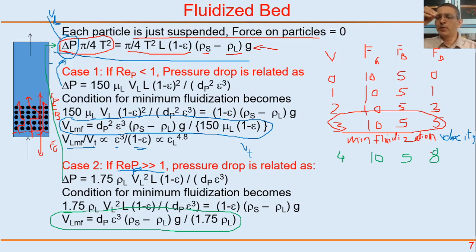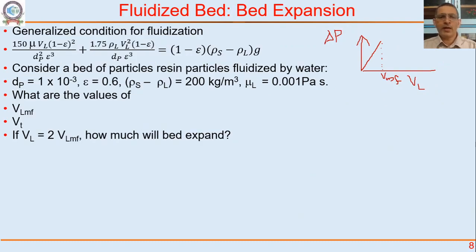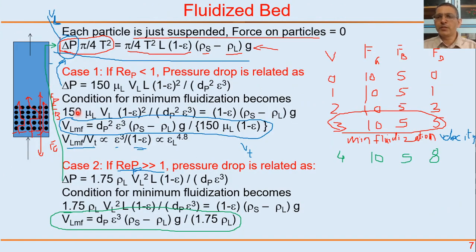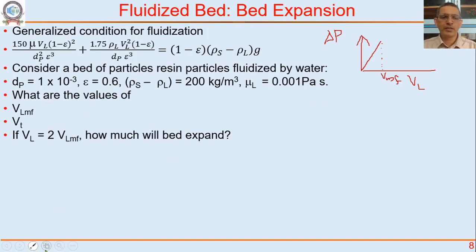Particles get carried upwards. As the particles get carried upward, what does the Ergun equation tell us? Voidage increases. If voidage increases, epsilon increases, 1 minus epsilon reduces, delta P tends to reduce. It will reduce to such an extent, or voidage will increase to such an extent, that the gravity minus buoyancy force is again balanced, and you will find that beyond minimum fluidization, delta P remains the same.